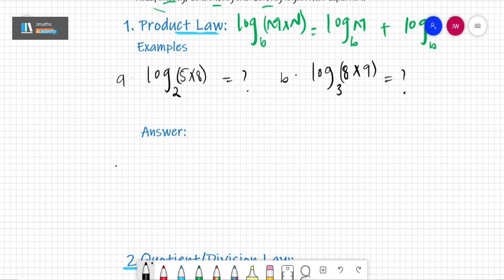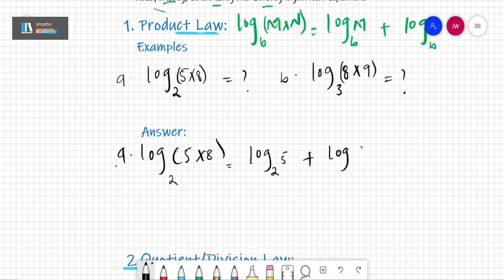Okay, for the first question, the logarithm of 5 multiplied by 8 to base 2 after expansion will give us log 5 to base 2 plus log 8 to base 2, and that's the final answer.